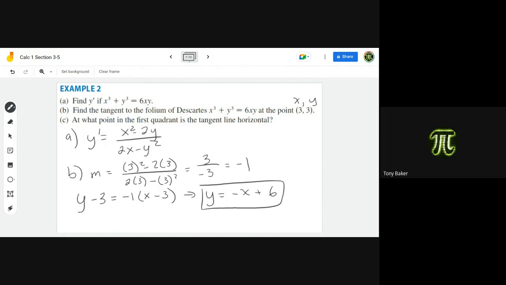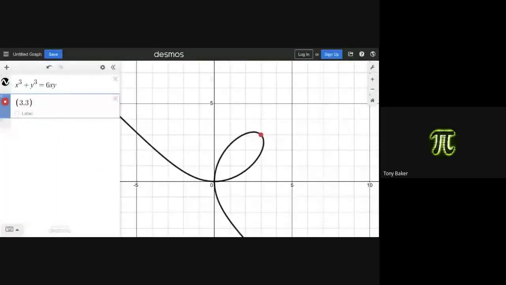All right. The next question says, at which point in the first quadrant is the tangent line horizontal? So if we looked at the graph, we're looking for a line that's going to be horizontal.